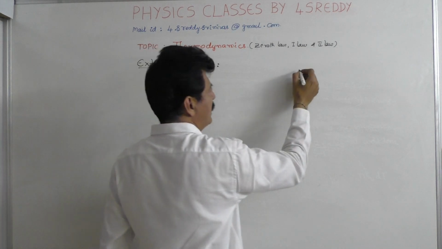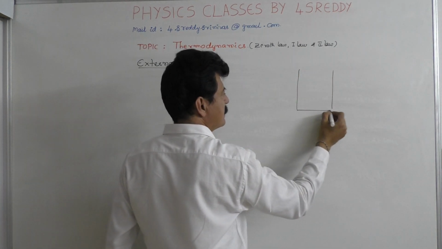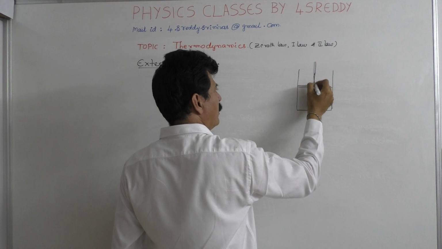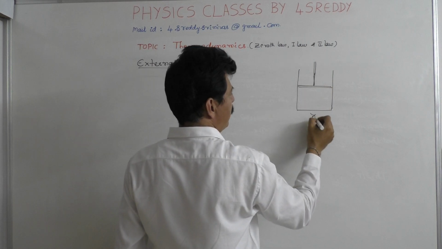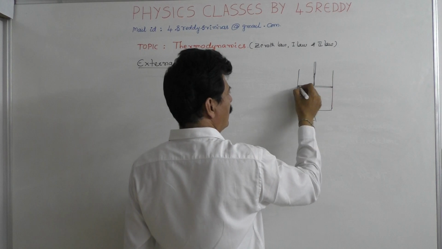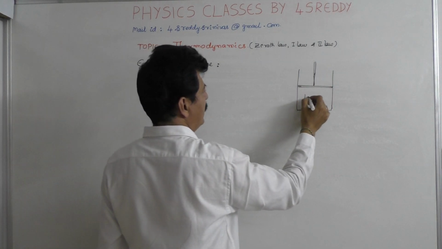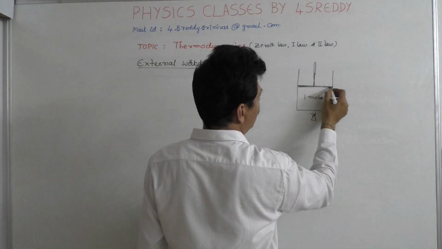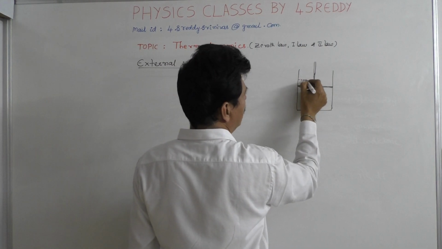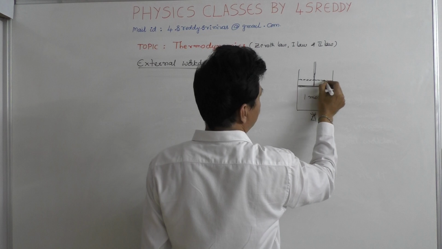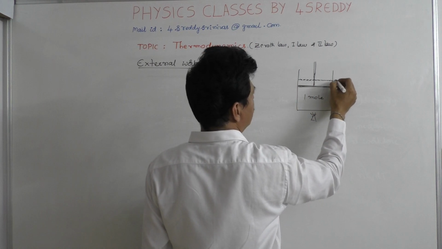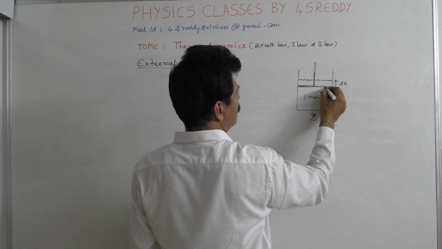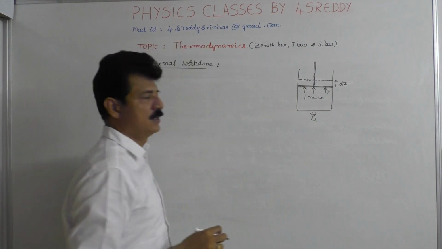That means when you consider 1 mole of an ideal gas, let us say 1 mole of ideal gas is enclosed in a cylindrical vessel provided with a movable piston. Whenever it gets heated, the piston is moved back through an elemental distance dx, due to the force exerted by the gas molecules.